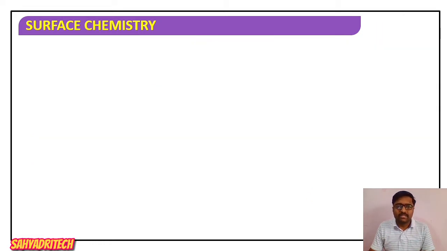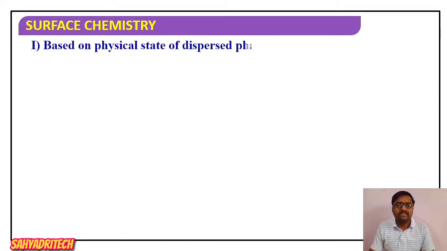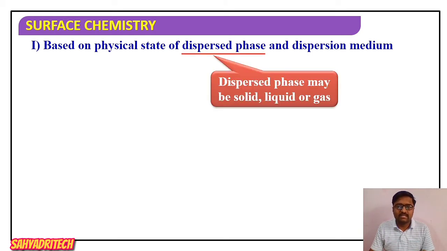What is the first one I said? Based on the physical state of dispersed phase and dispersion medium. When I consider physical state, the dispersed phase may be solid, liquid or a gas.